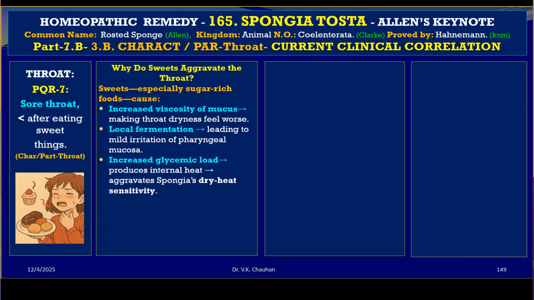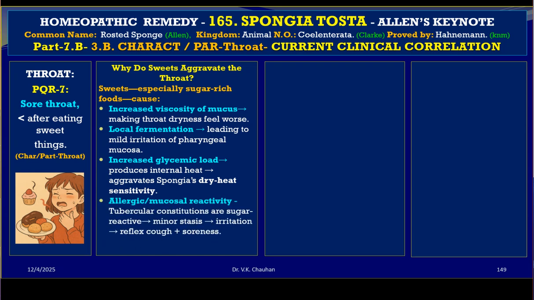Carbohydrates ferment fast, and then the increased glycemic load produces internal heat and aggravates Spongia's dry heat sensitivity. This is a possible explanation. I do not say this is the only explanation. We are exploring different ways to understand why it happens like this.